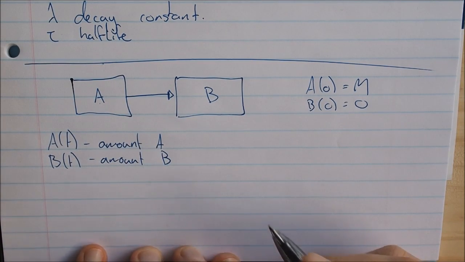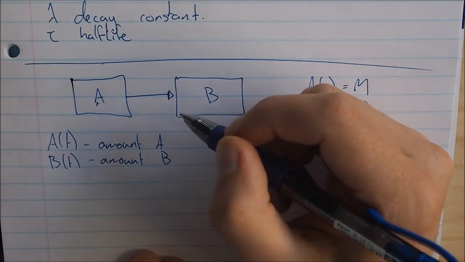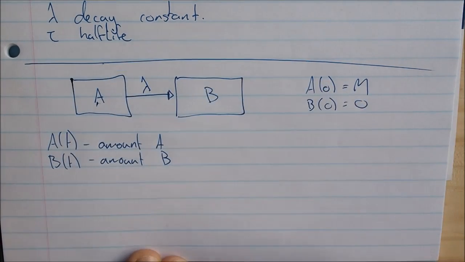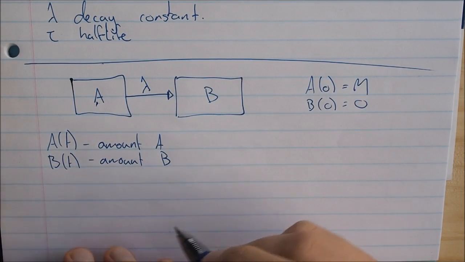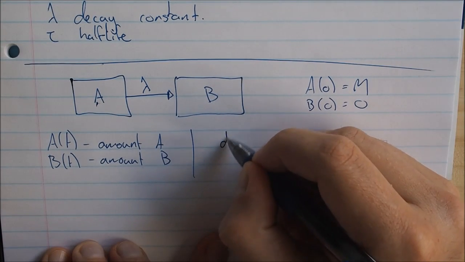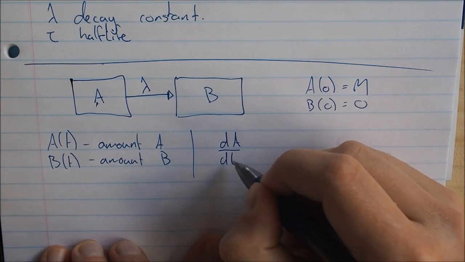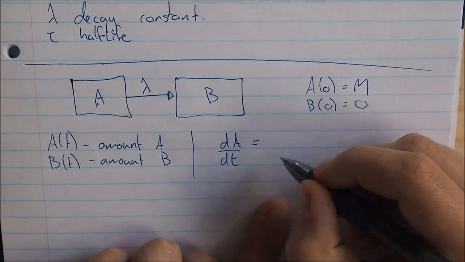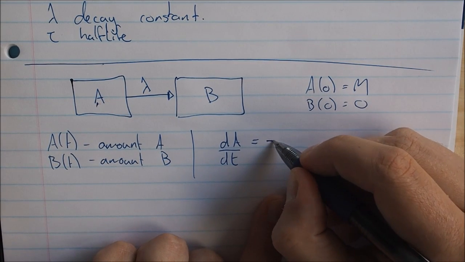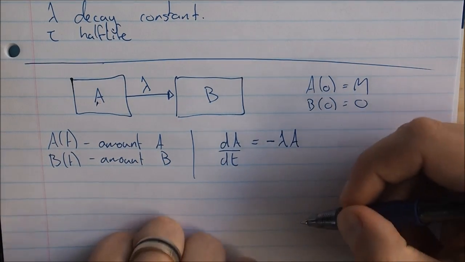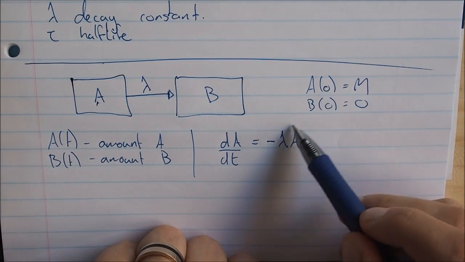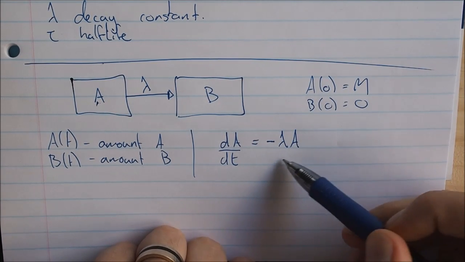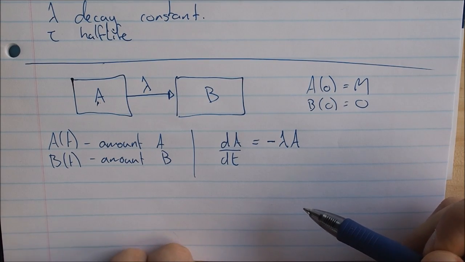Okay, and so the rate at which A turns into B, we're going to call it lambda. So we can write down the differential equation that dA/dt is equal to, and it's radioactive, so it'll decay, minus lambda A. So the rate at which A decays is proportional to how much of it there is, at a rate minus lambda.